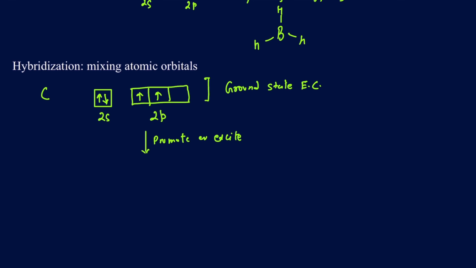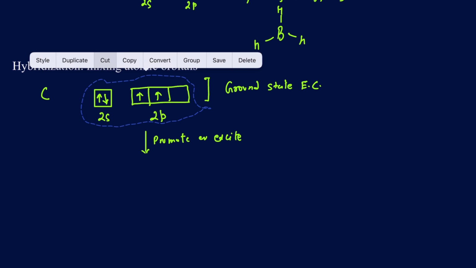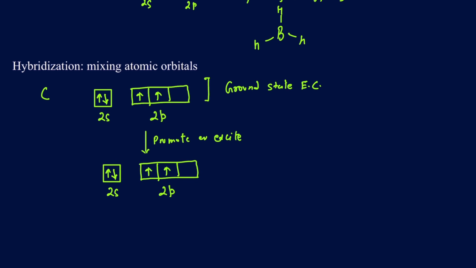So in that case, what happens? One of the electrons from the 2s jumps onto the 2p, and now you get a set of orbitals where you actually have four electrons in those four orbitals. So all of a sudden you have four orbitals that are half-filled.